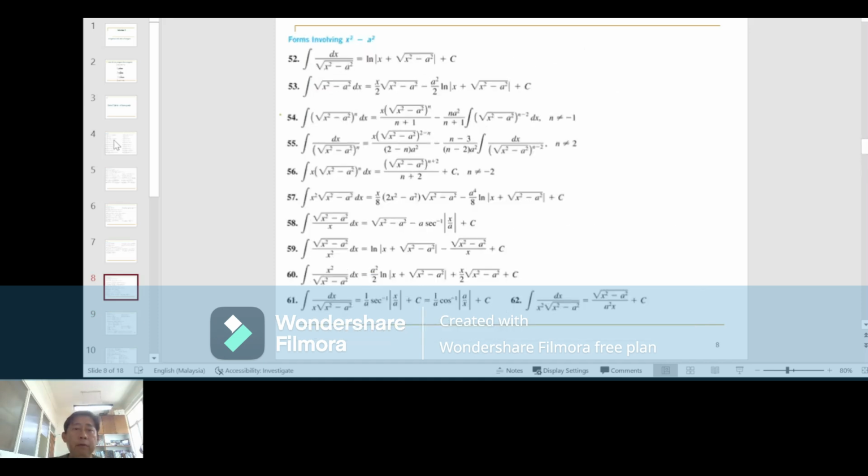For example, the table provides the integration results of functions that involve the expression of x squared minus a squared, be it in the denominator of the integrand or in the numerator of the integrand, or raised to some power, or integrated along with additional factors of x or x squared, either in the numerator or the denominator.